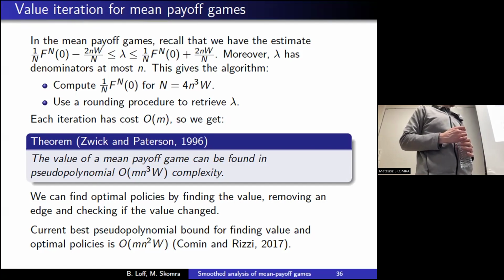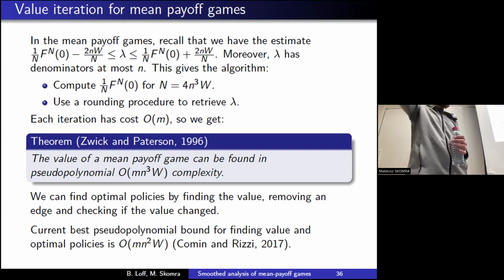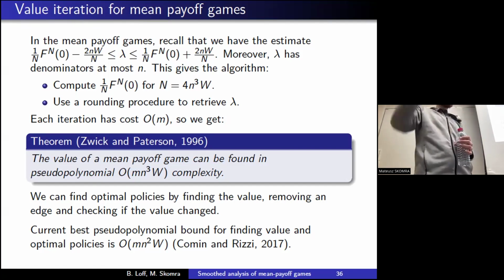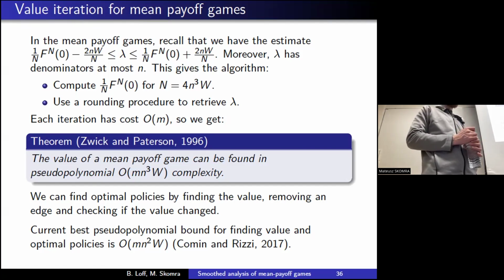If I give you a tropical matrix and you want to tropically raise it to a power, then you cannot do that. There is no repeated squaring that we know of.